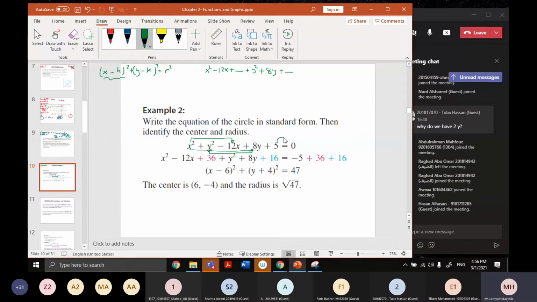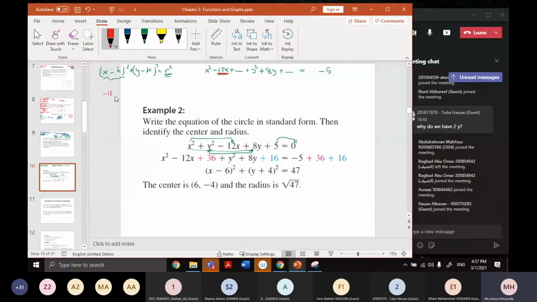Then we can take this 5 to that side, because we want the r squared to be here. So this part is equal to minus 5. What I'm going to add here to make this a square bracket? We have to look at the middle term and just divide it over 2.